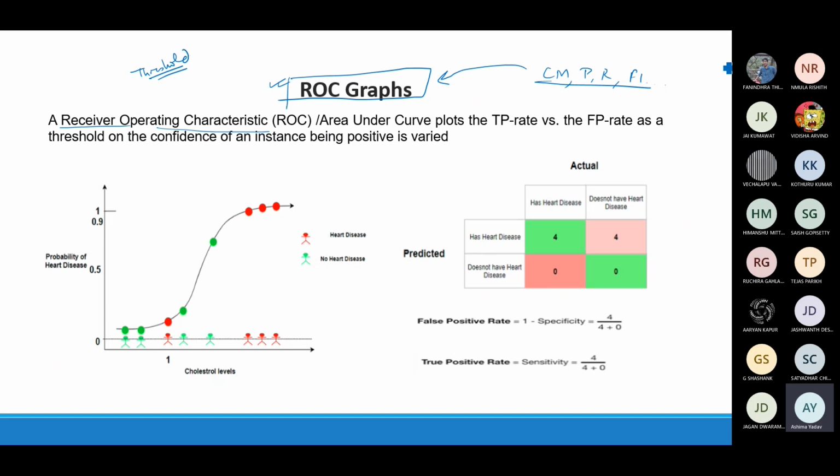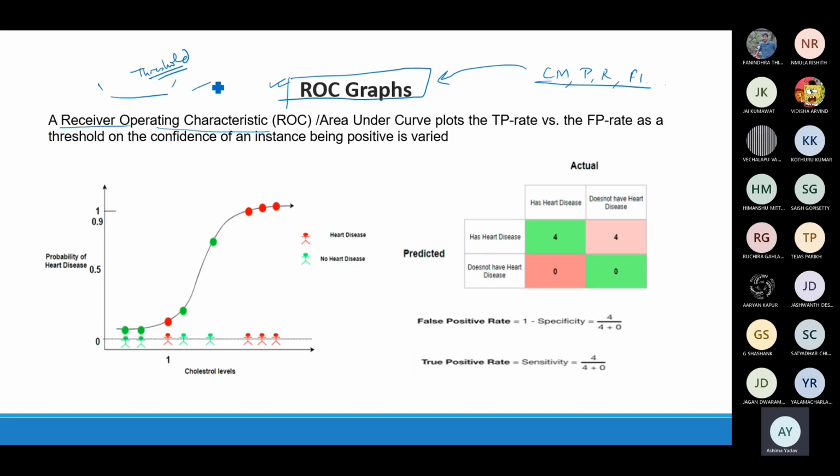Suppose I have a normal sentiment classifier example, and I want to classify a text as positive or negative. Let's say I keep a threshold of 0.5: if the value for the text is greater than 0.5, it will be classified as positive. If it is less than 0.5, it will be classified as negative.